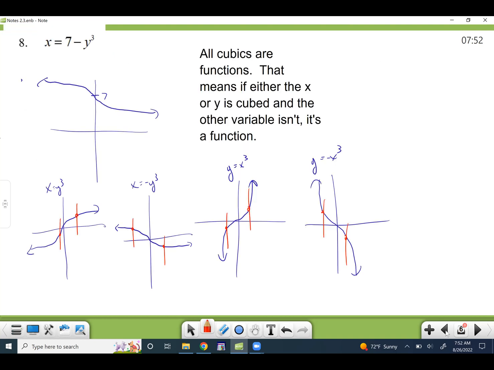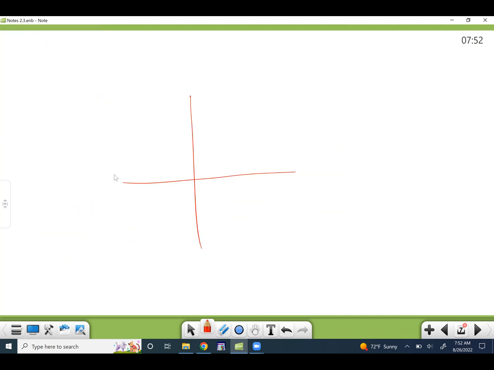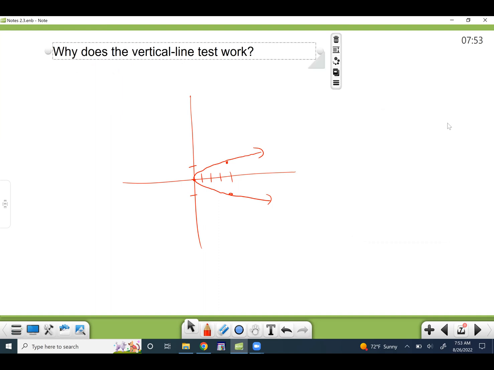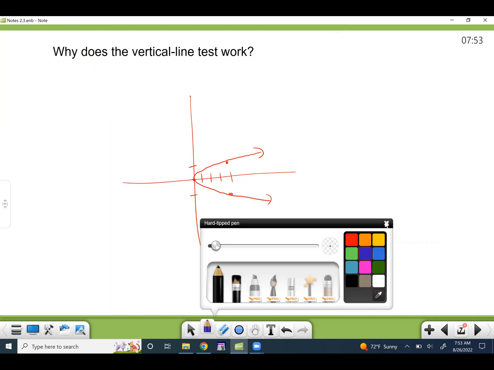Okay. So let's say that I have this graph right here. Why do we do the vertical line test? So we say that if we draw a vertical line and it touches twice, then it's not a function, right?